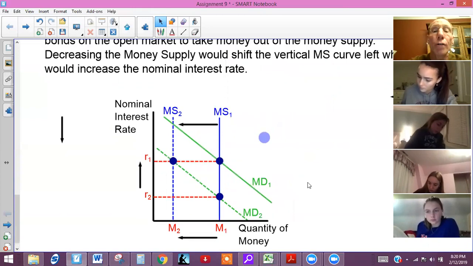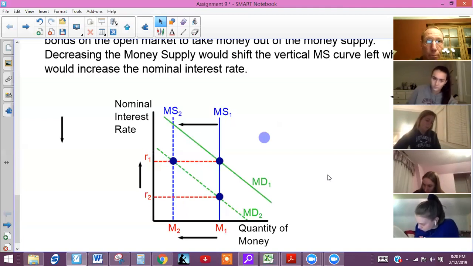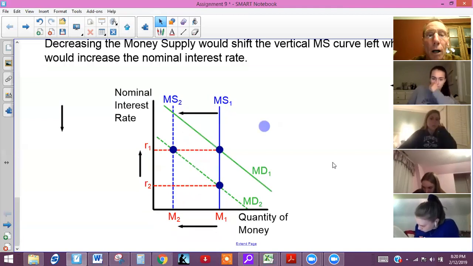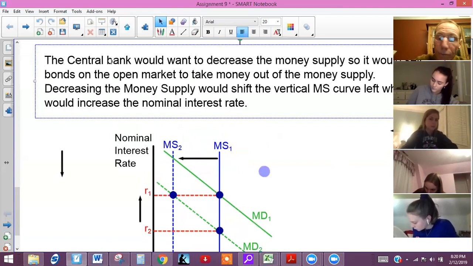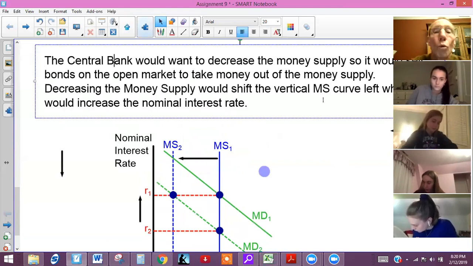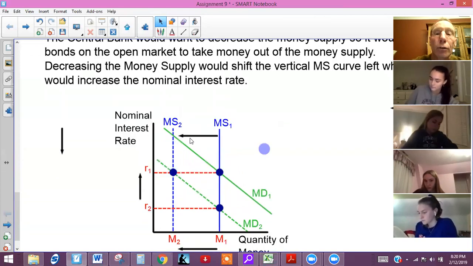And they do that by selling bonds in the open market. And when they sell the bond, they get money that pulls money out of the money supply, okay? So the central bank, or in the case of the U.S., the Federal Reserve, would want to decrease the money supply, shift the money supply curve to the left.